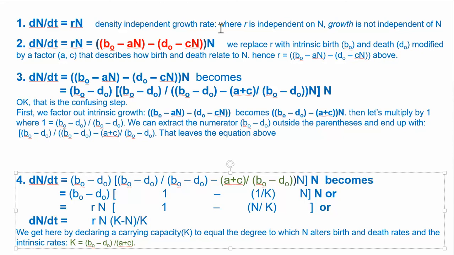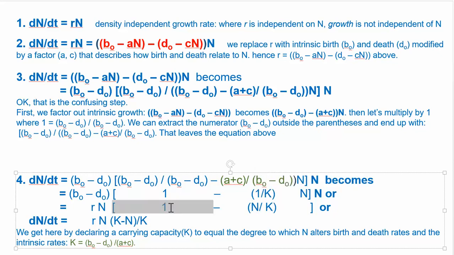So for the next line, for the third equation under 4, I'm going to move that n over to the other side of the parentheses, by r, and so you have r times n, times 1 minus, and then I'm going to take the n that's in the second equation within the parentheses and put it over the K. And so we have this form.